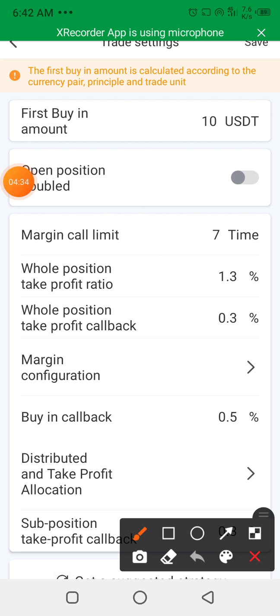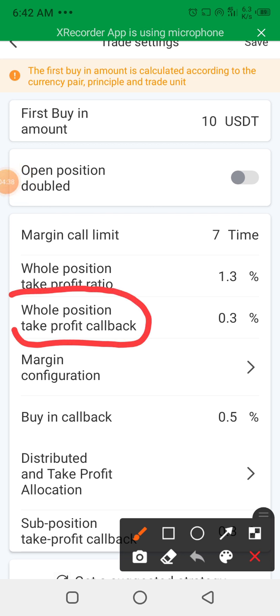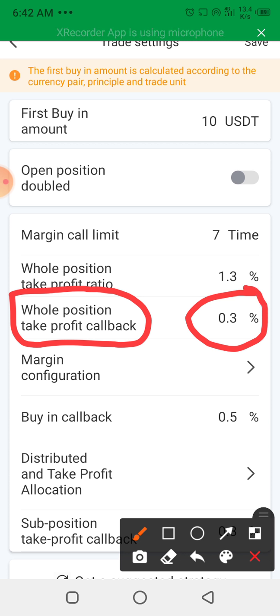Okay, the next one is hold position take profit call back. Our default is 0.3% here. That's the system default setting. So what does it mean?